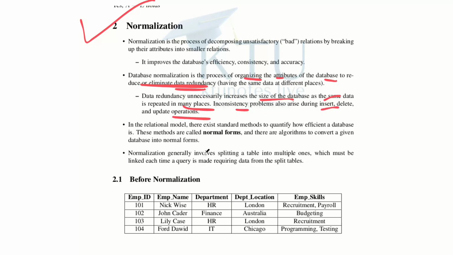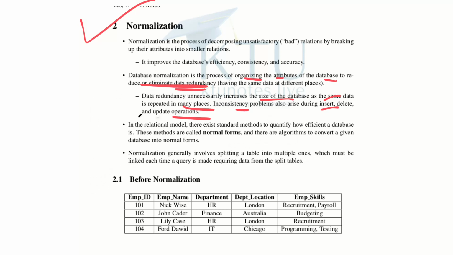Because of data redundancy, the size of the database would increase. That means repeated data is there in many places. Because of this, a lot of inconsistency issues would occur when you are doing insertion, deletion and updation operations.